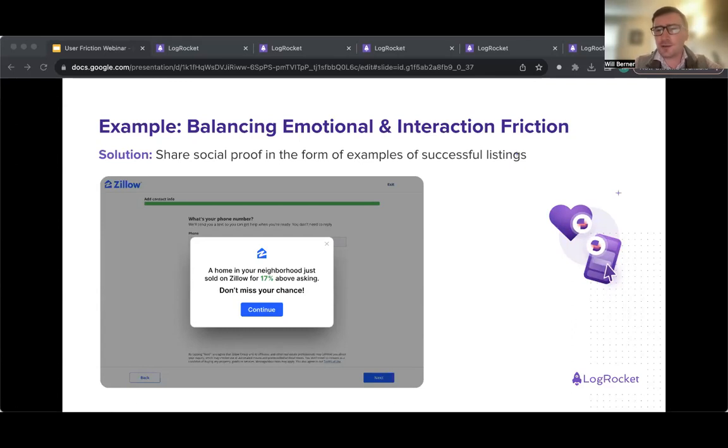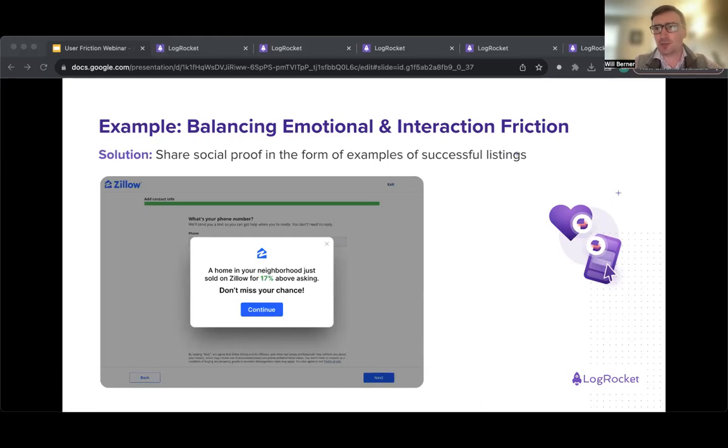And I think there's a few different ways that this could be approached. I think in any case, it's going to involve introducing additional interaction friction. So one thing they considered is doing a time-delayed pop-up with some form of social proof that pushes that user towards making the leap. You could tell them something like, in this example, that a home in their area recently sold for X% above asking, don't miss out.